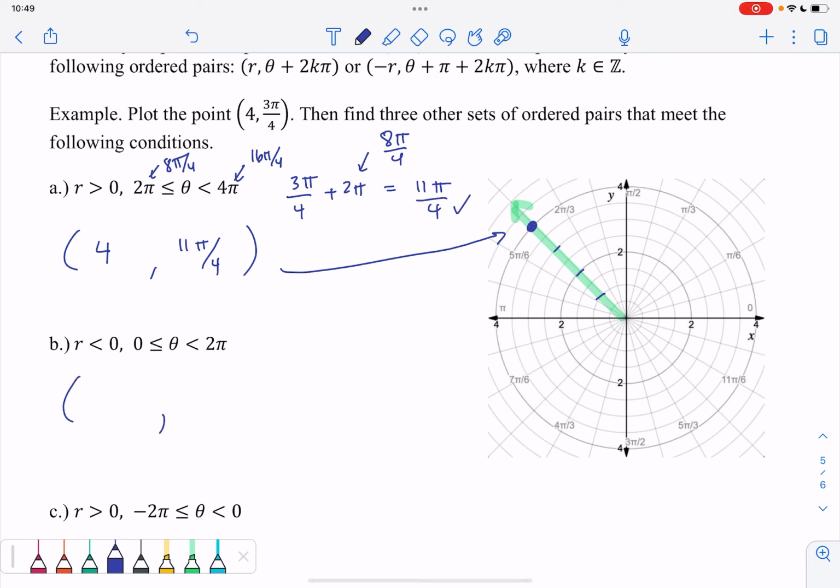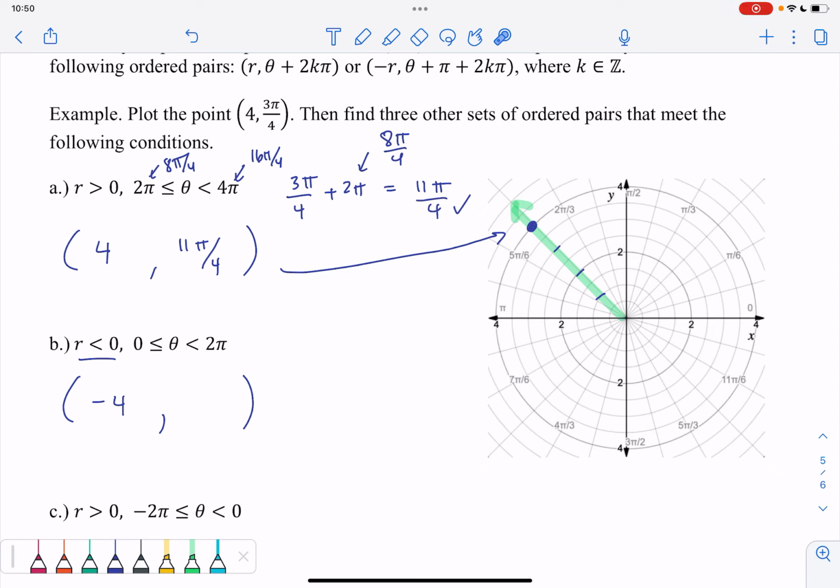Okay. Now it says find an ordered pair that would get me to that point where r is less than 0. Well, again, because this is 4 units away from the origin, r can only be 4 or -4. So in this case, it's -4 because r has to be less than 0. And then it says, find an angle between 0 and 2 pi. Well, in my summary up here, it says to change the sign on r, first add pi.